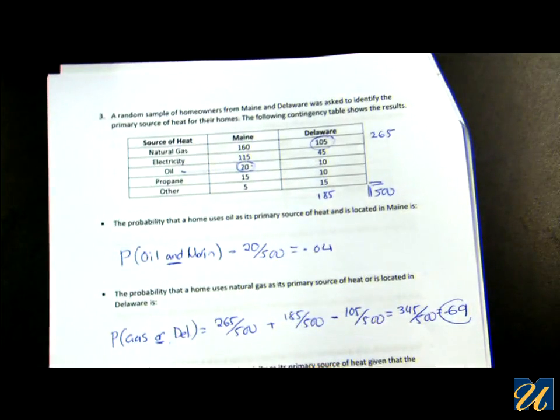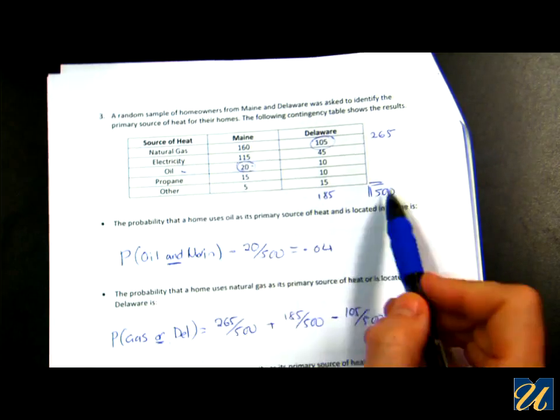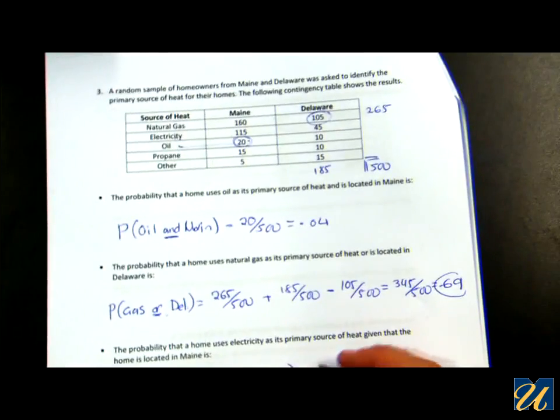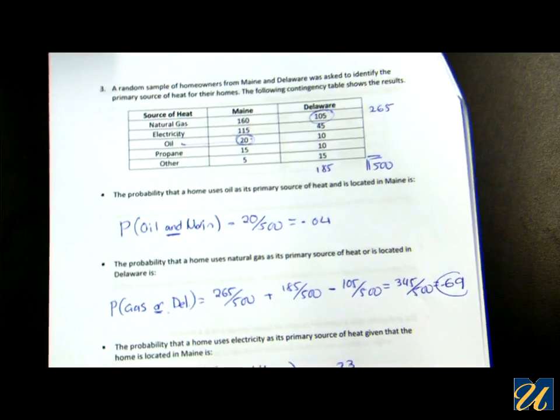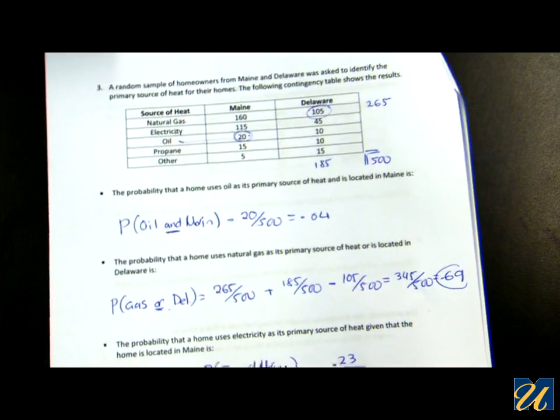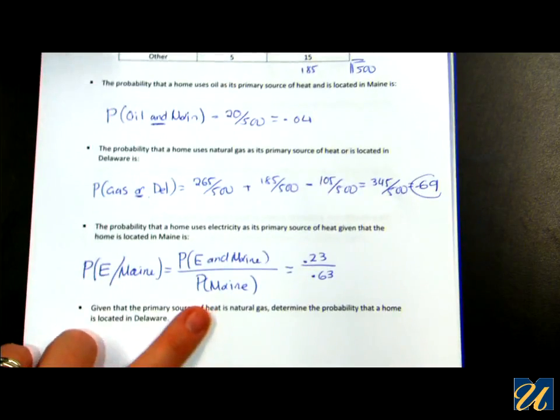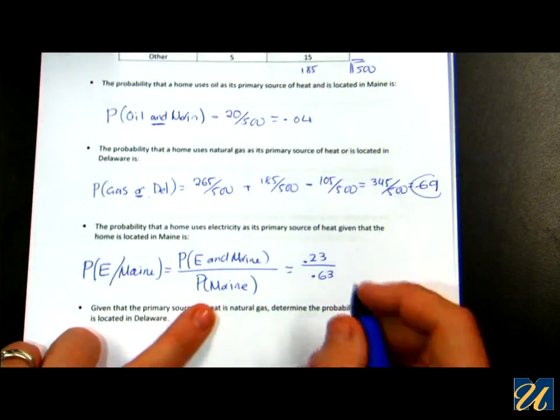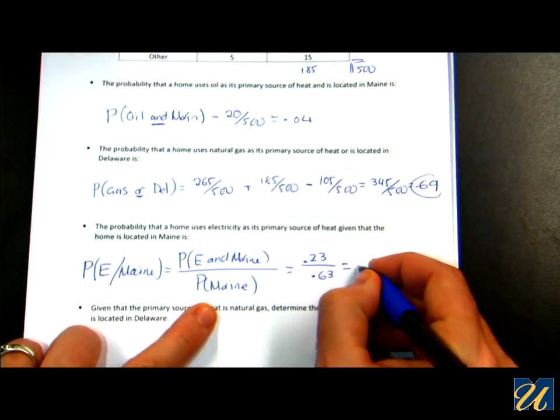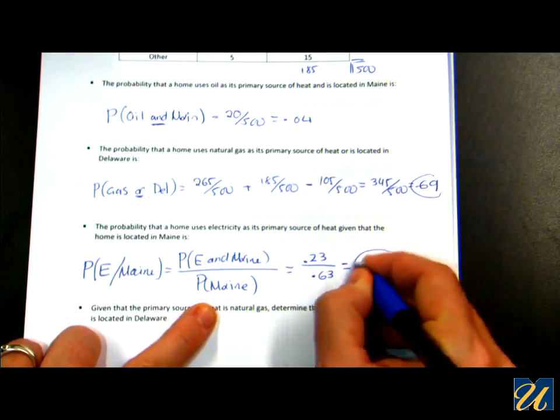We have 115 over 500, 0.23, over probability of locating in Maine, which is 315 over 500, 0.63. So this probability will be equal to 0.365.